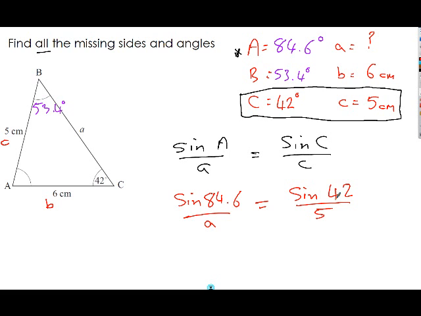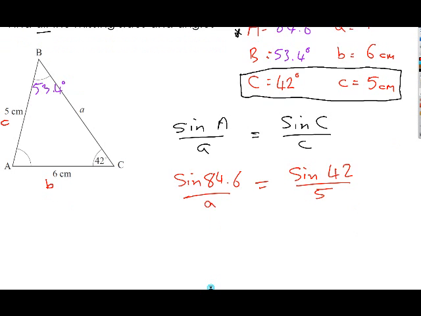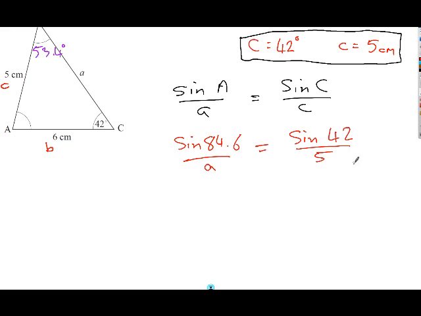Now, rearranging this can look a little bit tricky, but it's really not too bad. The first thing I need to do is get the a off the bottom of this fraction. So I'll take it to the other side, and it becomes a times. And I'll get this 5 off the bottom, taking it to the other side over here.